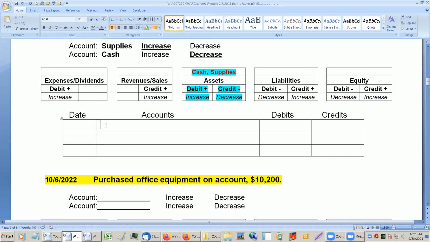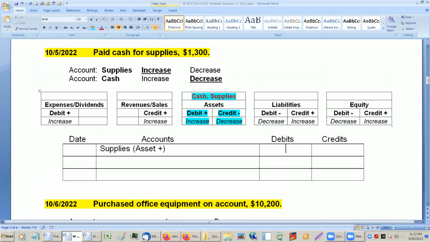So supplies, does it get debit or credit? Supplies will debit. Correct. So supplies, it's an asset going up. So it'll get the debit of some number, 1,300. No, the cash would be the credit for no other reason. These have to equal.